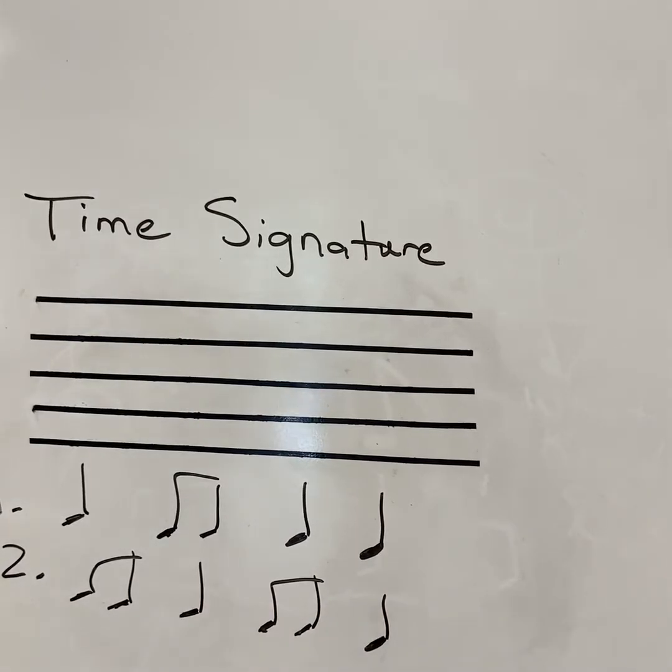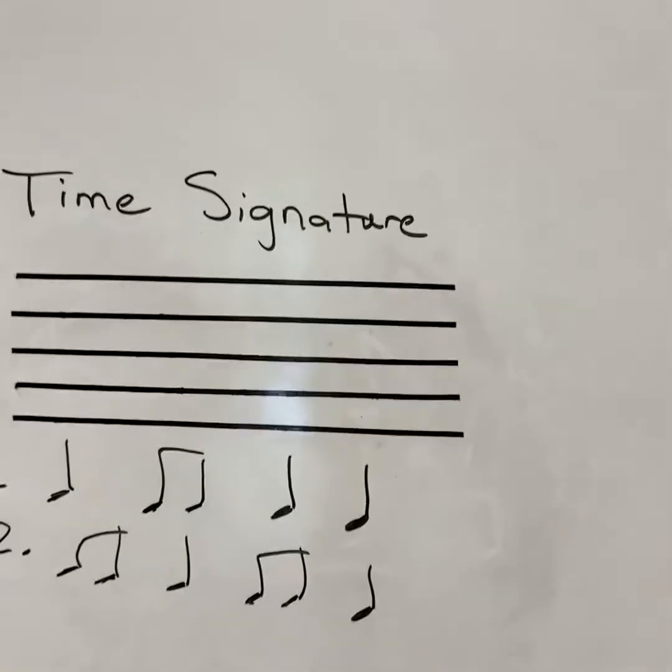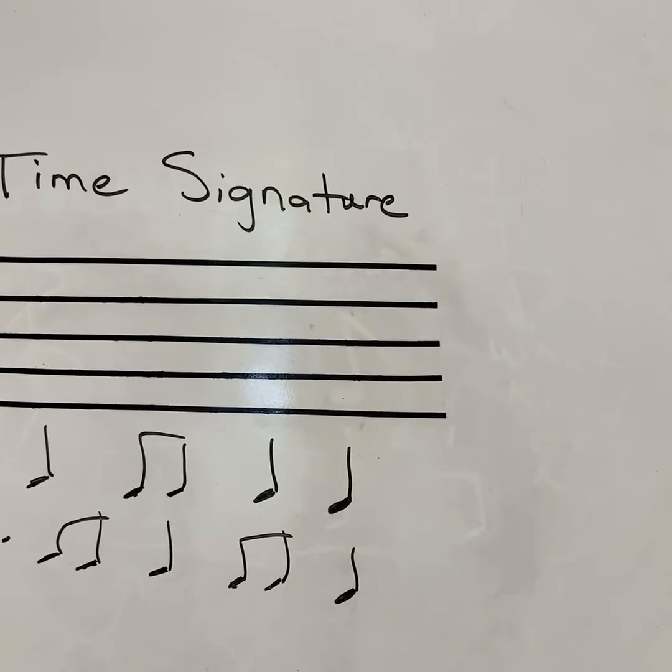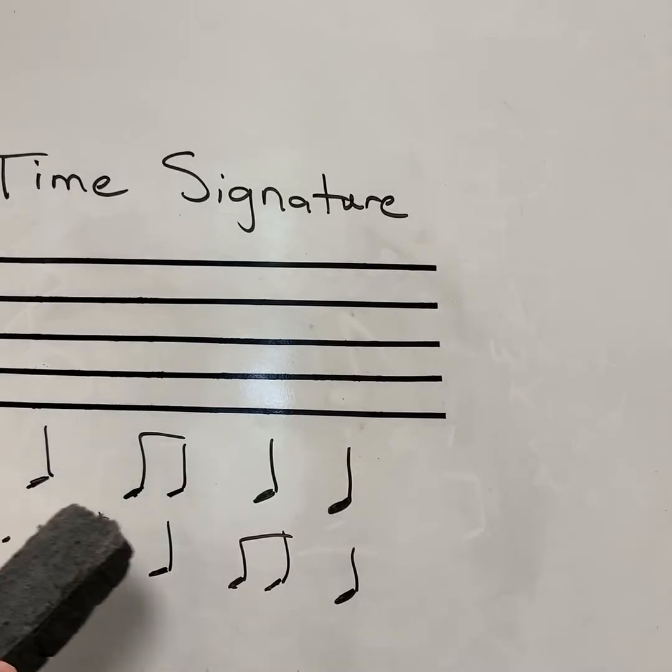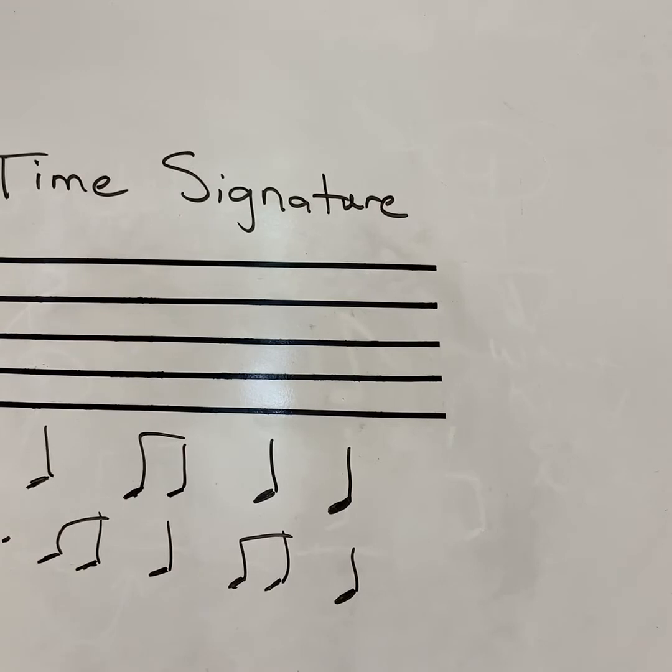But these two measures have something in common. Each one of these measures has a certain amount of beats in them. Now, if you're just looking at it, you should be able to see that in each measure, they have four different beats.